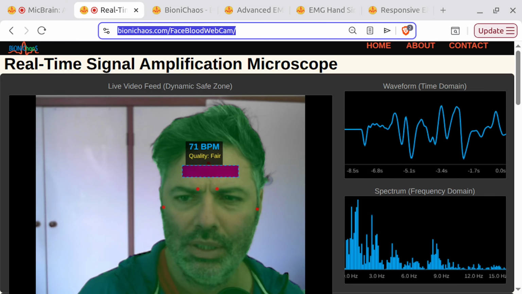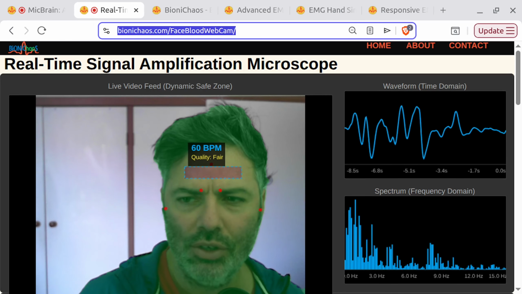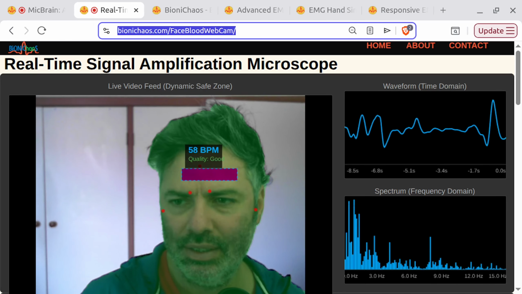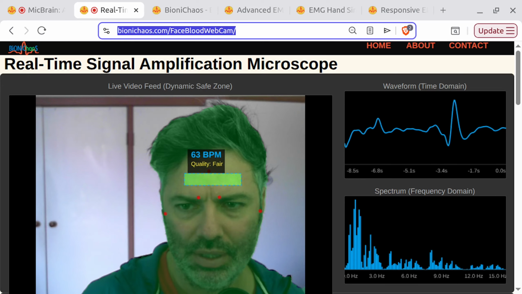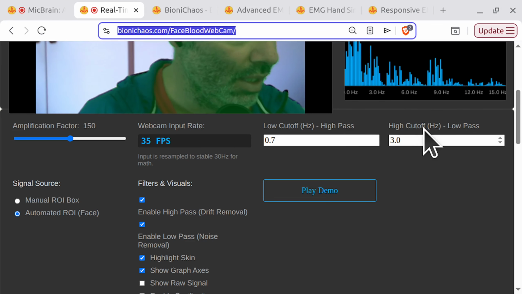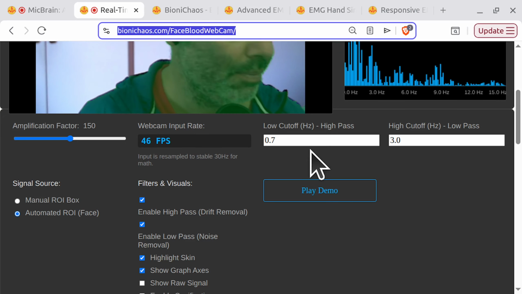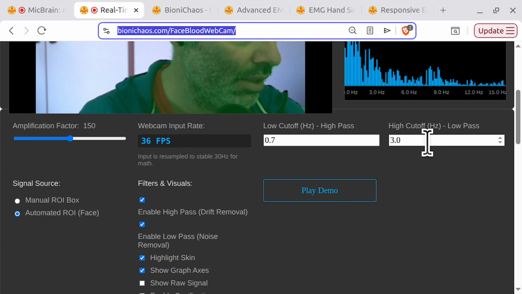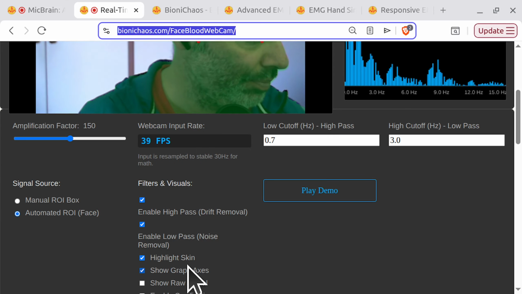There's another question about this tool. What is the primary function of the high-pass filter in the real-time signal amplification microscope, which is this tool? We can, by the way, change the high-pass filter settings.